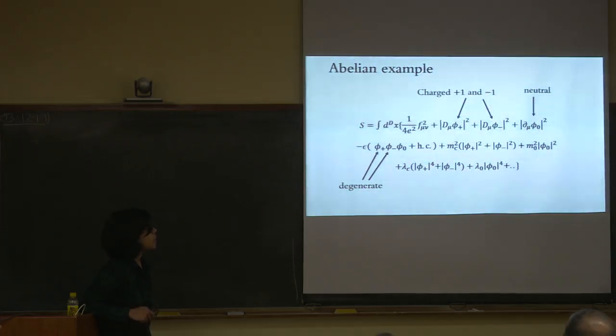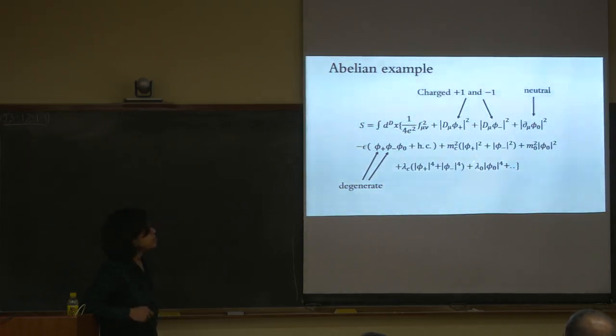Now, on top of that, the charge fields have a mass, and similarly, the neutral fields have a mass too. And I'm going to drive the charge mass squared from positive to negative values to go from non-Higgs to Higgs phase. Similarly, there are quartic interactions, phi plus to the 4, phi minus to the 4, and phi 0 to the 4.